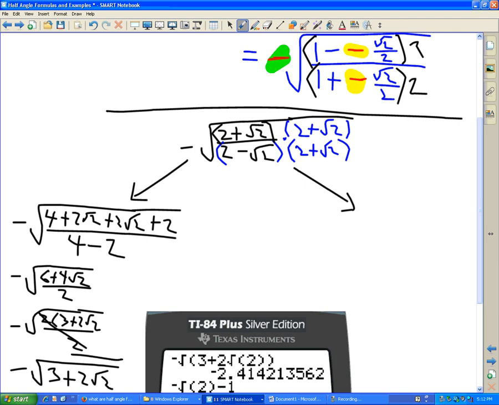That would be my final answer for that. So as you can see, quite a bit more algebra going down. Here's the other way of doing it. It's a little bit more elegant.